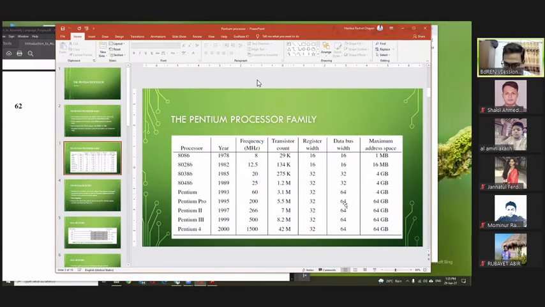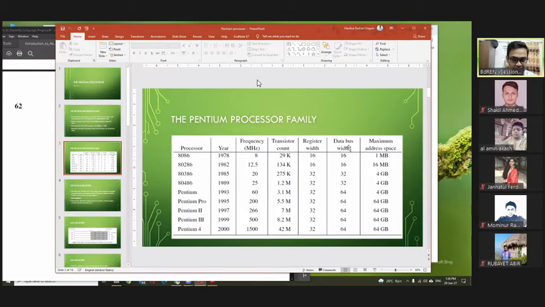Remember that it is the data bus, not the address bus. They are all 32-bit processors. So we know that a 32-bit processor can support a maximum of 4 GB. Then how come it is 64 GB? That is another problem. Remember, this is the data bus, not the address bus. That is another confusion. The first confusion was because Akash was asking why it is 16 and why it is 1 mega.